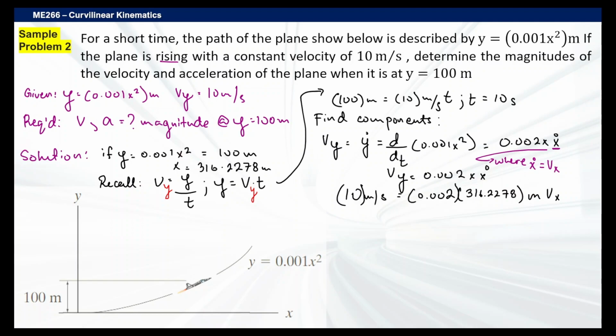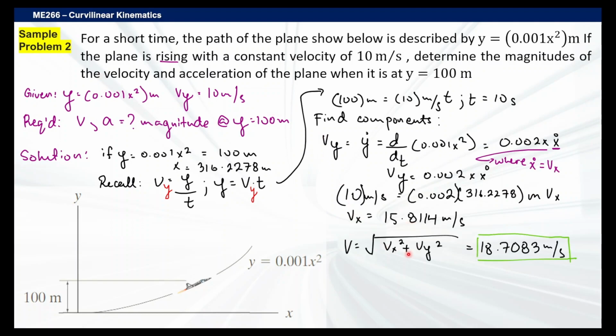And then from here, makukuha natin yung Vx, which is 15.8114 meters per second. In this case, makukuha na natin velocity kasi we have Vx and Vy. Simply the square root of Vx squared plus Vy squared, which is 18.71 meters per second.